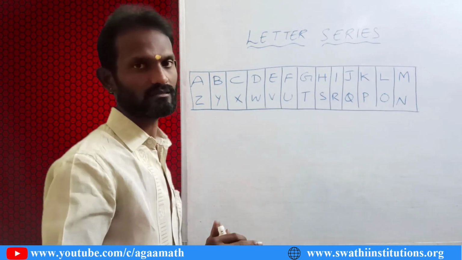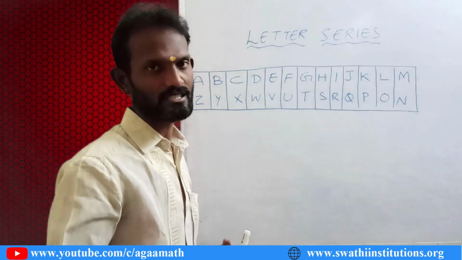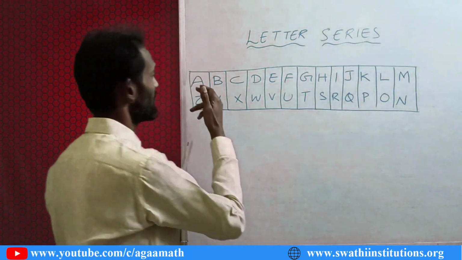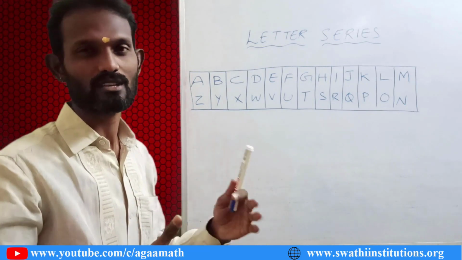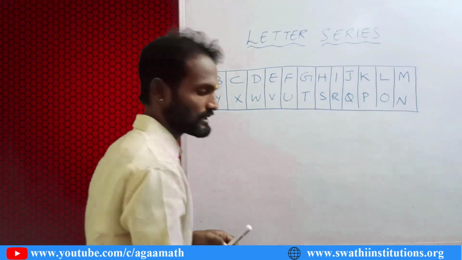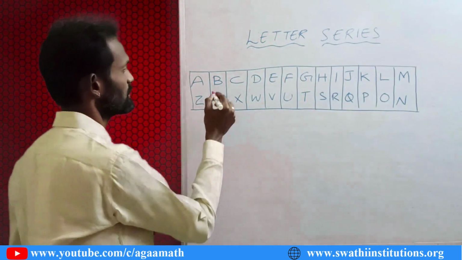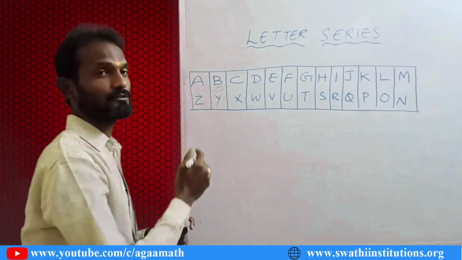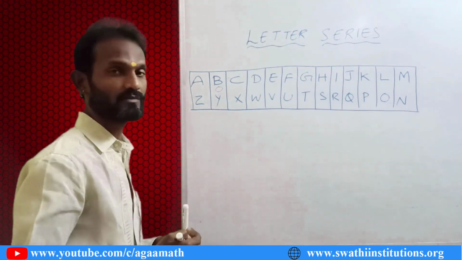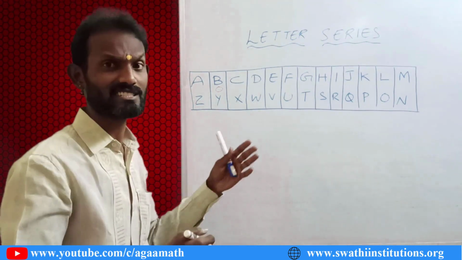I made some words. We always use A to Z. So A to Z, BY boy. If you remember this word, B is always with Y. Think of them as just friends.